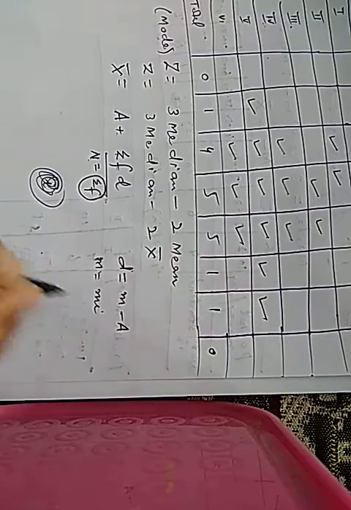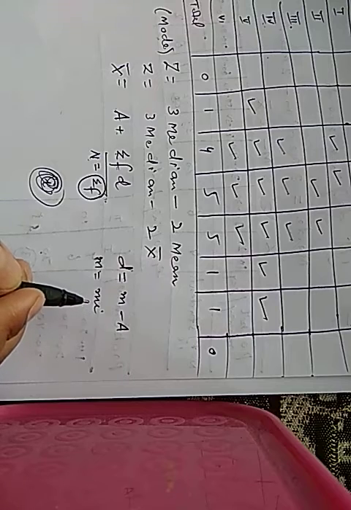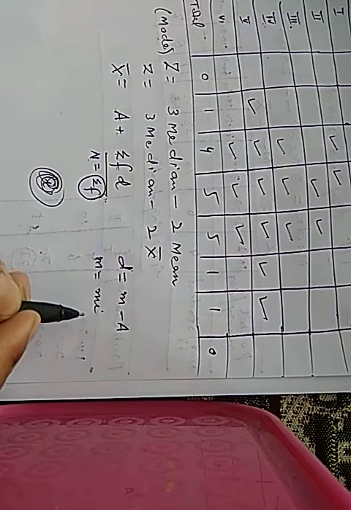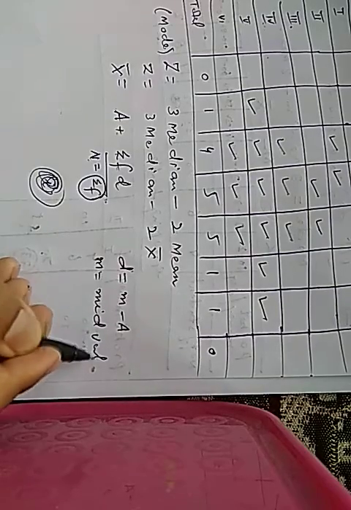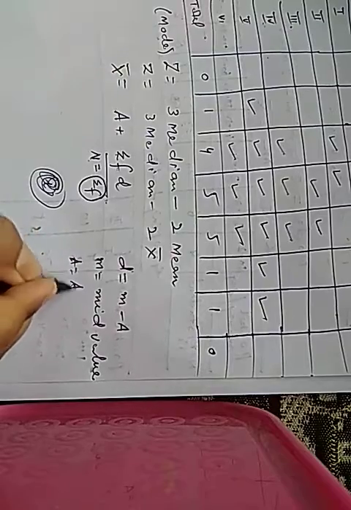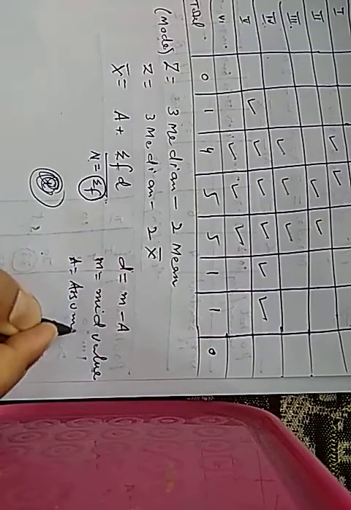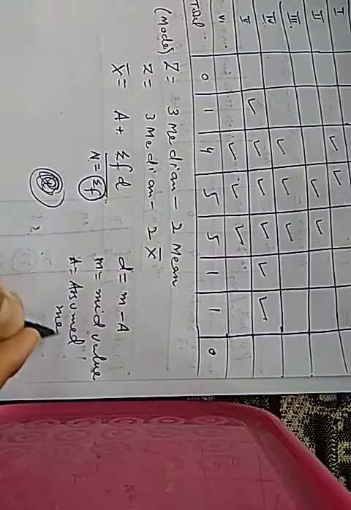We have already discussed arithmetic mean. I hope you have understood that. And a is the assumed mean, which we can take from the given mid values or outside those values.